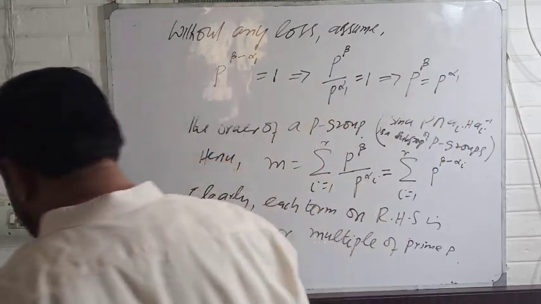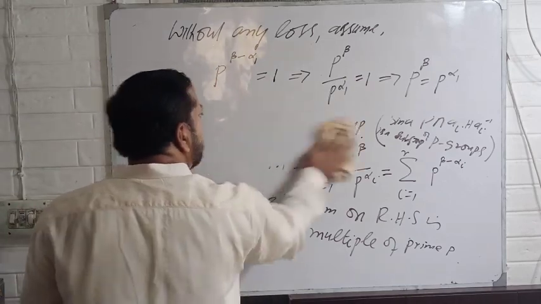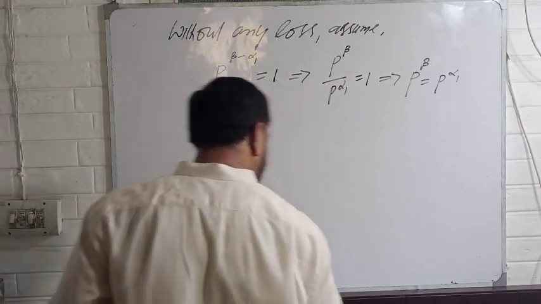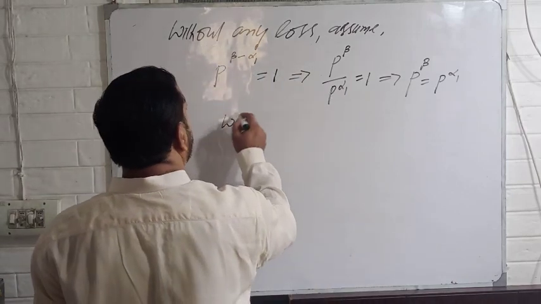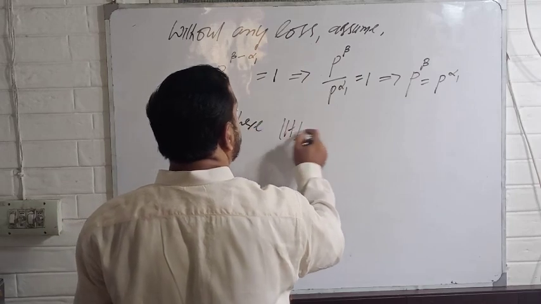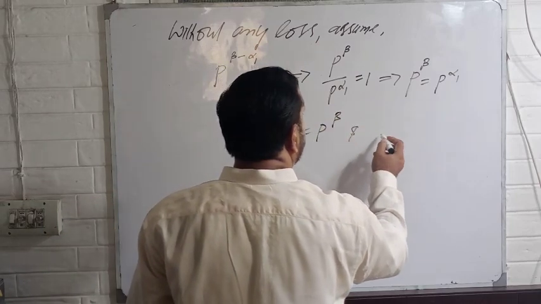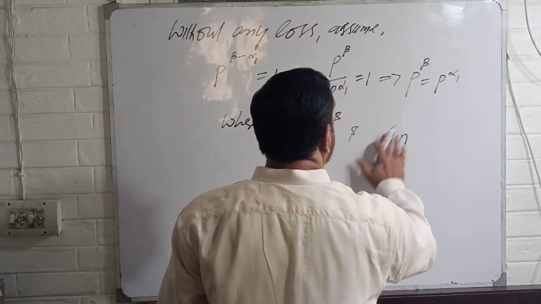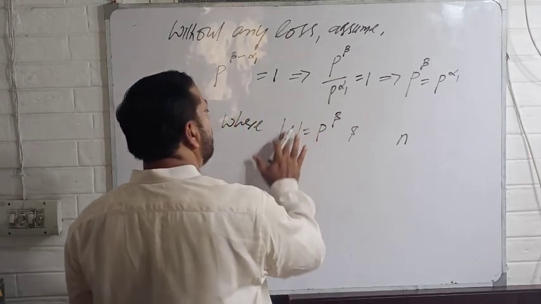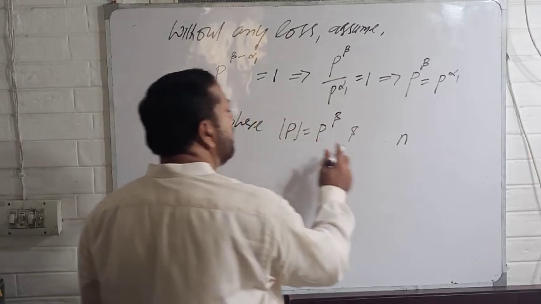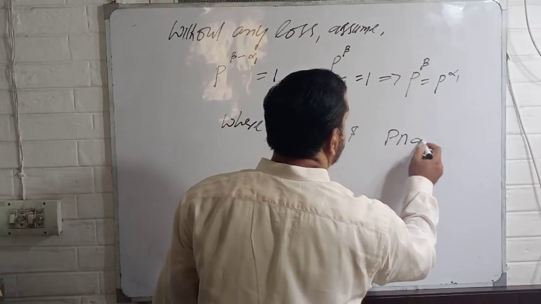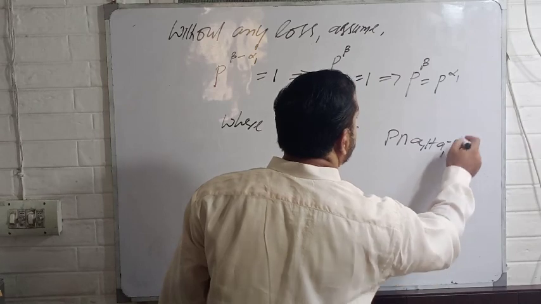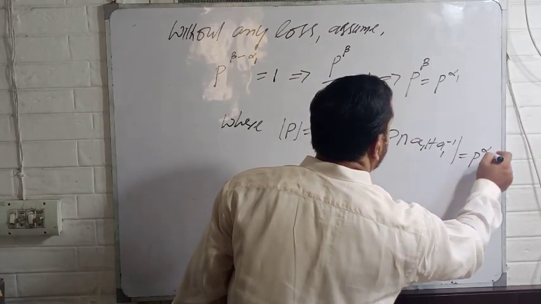Here, you know what P power alpha 1 was? The order of H is equal to P power beta, the order of P is P power beta, and the order of P intersection A1 H A1 inverse is equal to P power alpha 1.